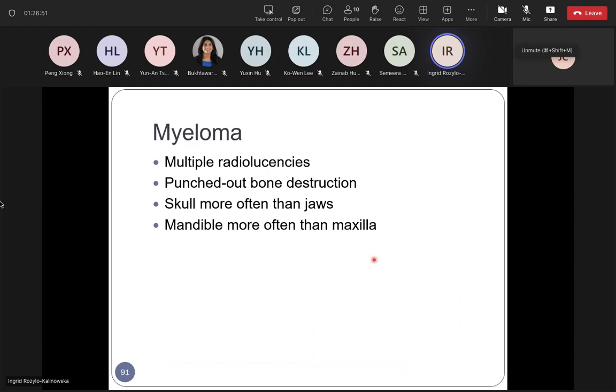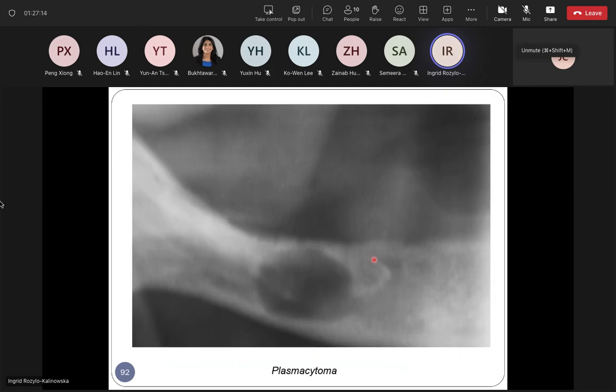They are called punched out. So what does it mean, punched out? Like you've got a puncher, a device for making holes in sheets of paper in an office. So if you just see holes in the bone that look punched out, think myeloma or plasmacytoma, as it's called nowadays.